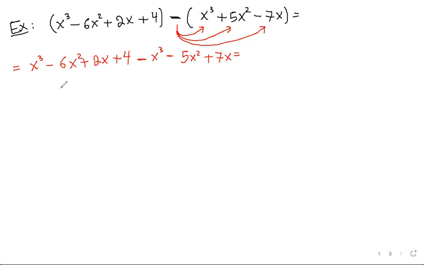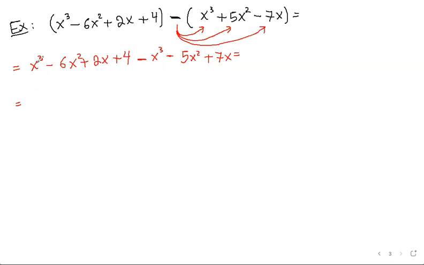Now we're using combine like terms. That means all the same variables raised to the same power, we combine together. All of them have the same variable x.